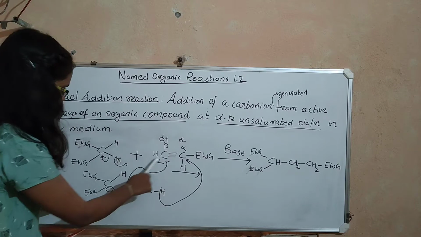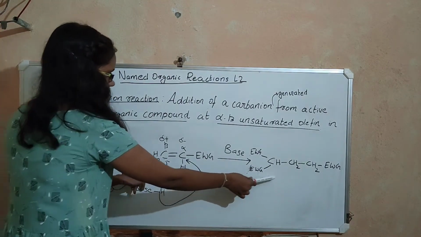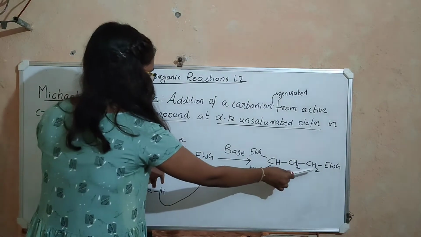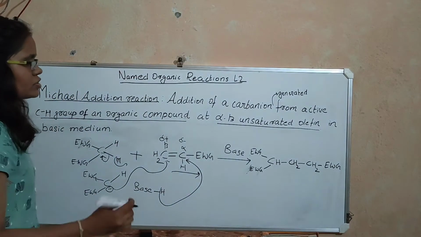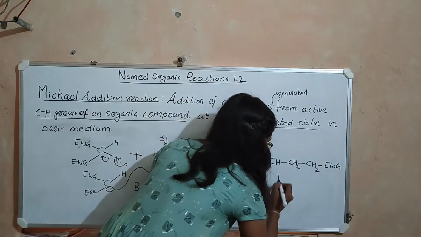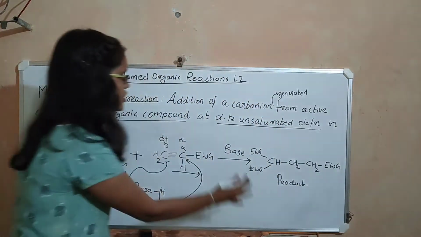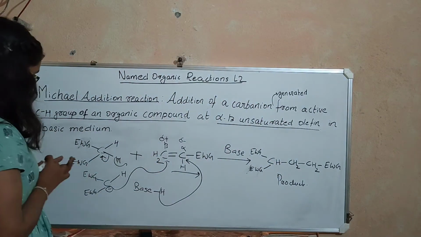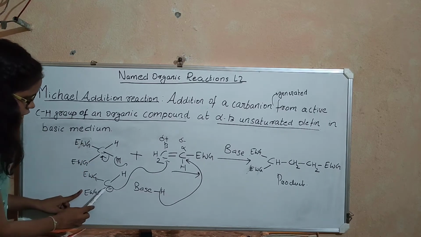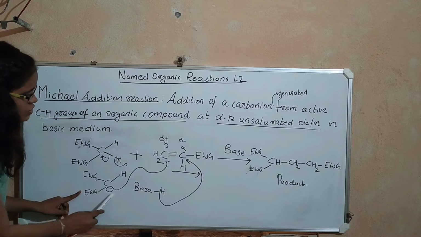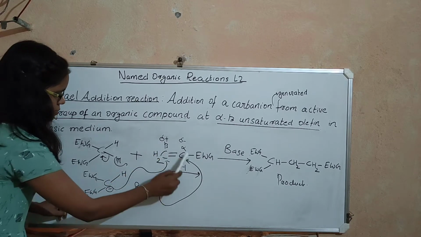Let me check the product once again. So this is CH, electron withdrawing groups. This is the CH2. This is alpha, this is beta. This is the carbanion, and it is donating its electrons to this compound.